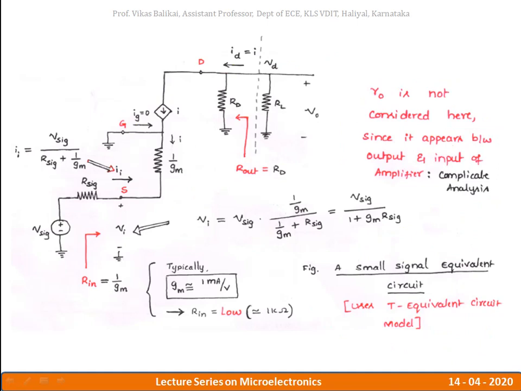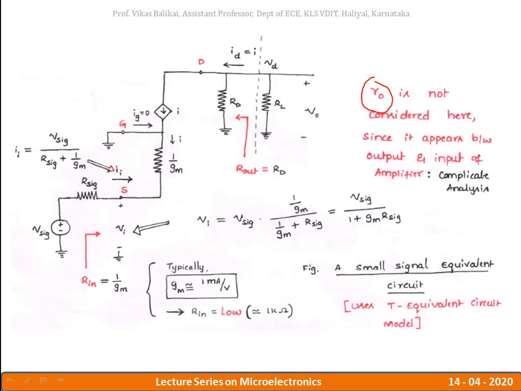Now here again, I am not going to consider R0, which is a part of a MOSFET, that is, the finite output resistance in the saturation region. So this R0 I am not going to consider whenever I replace the MOSFET with its equivalent circuit, for the same reason we discussed in the common source amplifier with source resistance.